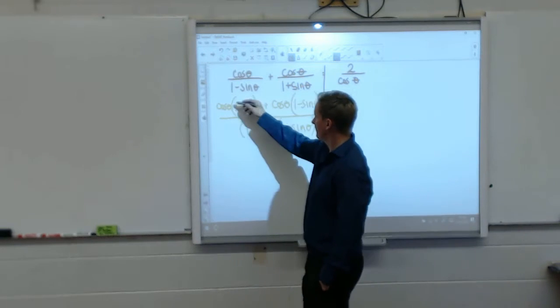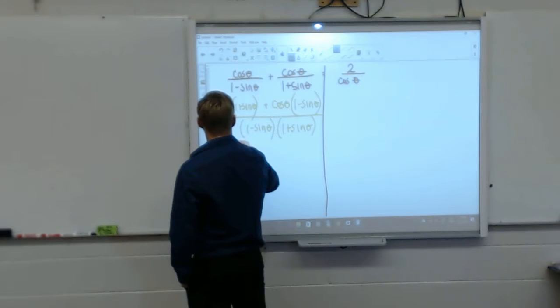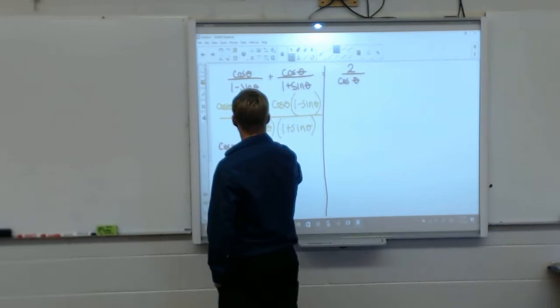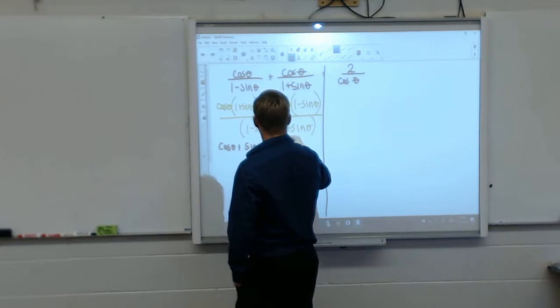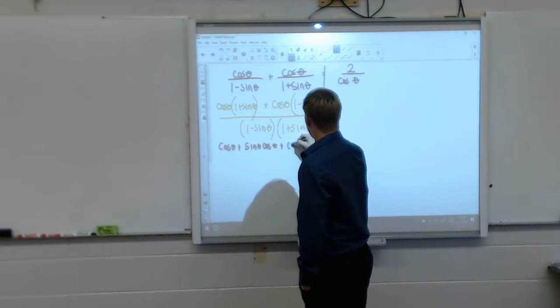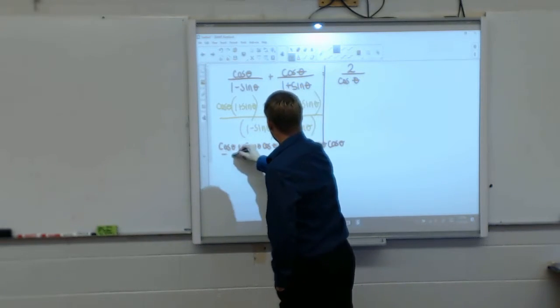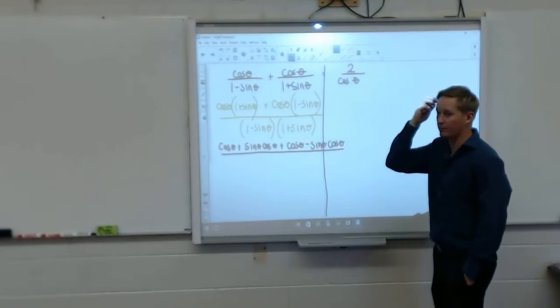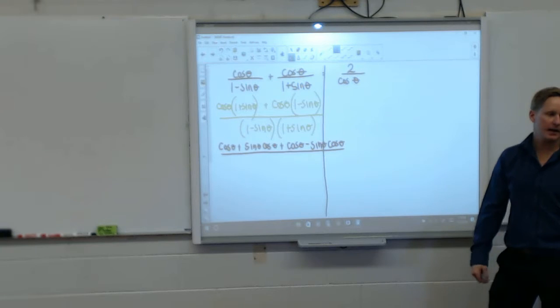So now I'm going to have cos theta plus sine theta cos theta, add cos theta subtract sine theta cos theta, all over, what's 1 minus sine theta times 1 plus sine theta? When you multiply them together, what do you get?